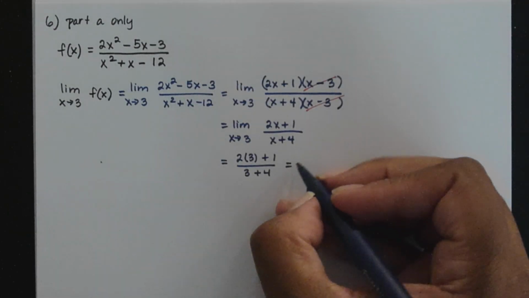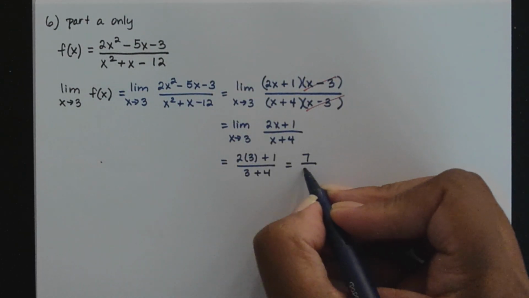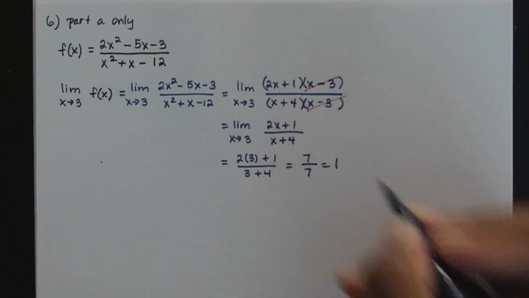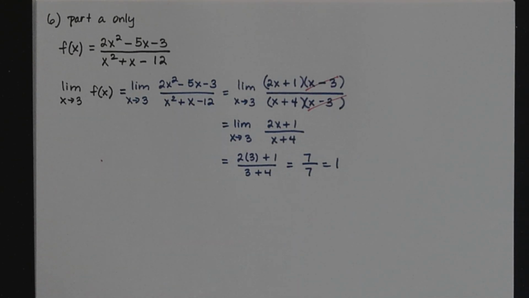What's 2 times 3 plus 1? 7. Over 3 plus 4, that's 7. 7 divided by 7 is 1. So the limit as x approaches 3 of that function f of x will be 1. Okay. Now I'm just dealing with part A only in this handout. So any questions on number 6A?